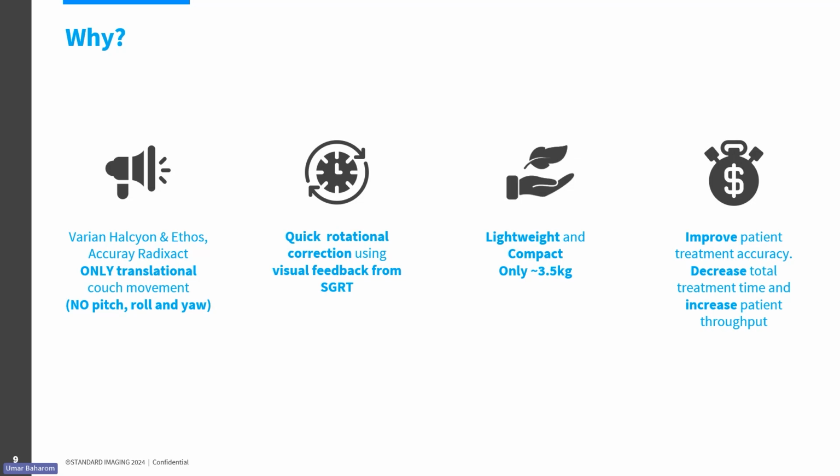So the TruPose will help you with that. With the visual feedback from the SGRT system, you can quickly correct for rotational errors. The TruPose is also lightweight and compact. It's very therapist friendly. So you can improve the patient treatment accuracy, and also, because you can set it up really quickly, you can decrease the total treatment time and the time that the patient has to be on the couch.